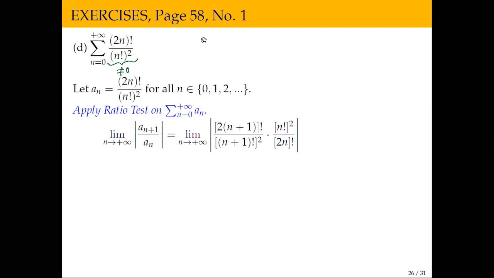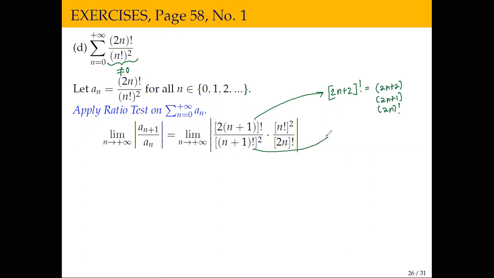Now let's look at this one. Let's look at this term. Now you have here 2n plus 2 factorial. This is just equal to 2n plus 2 times 2n plus 1 times 2n factorial.